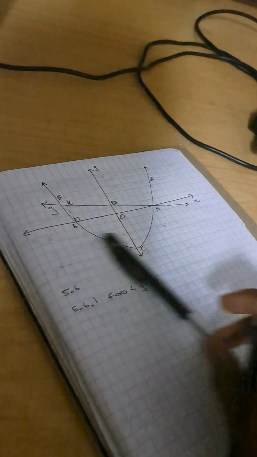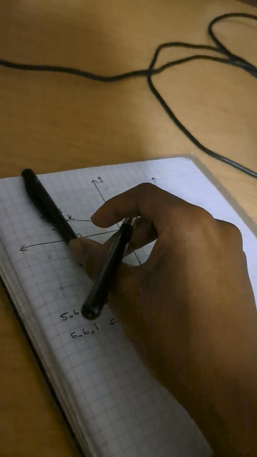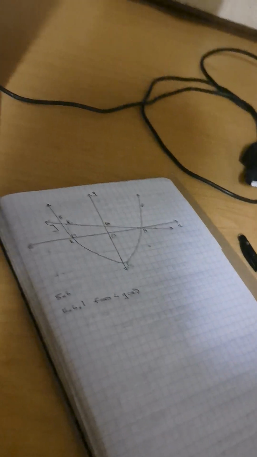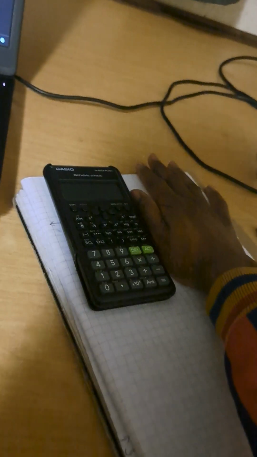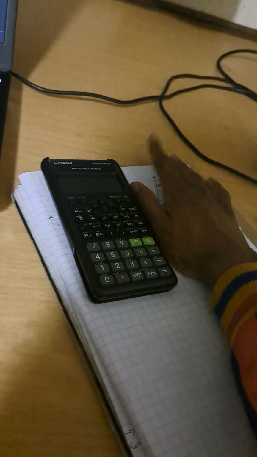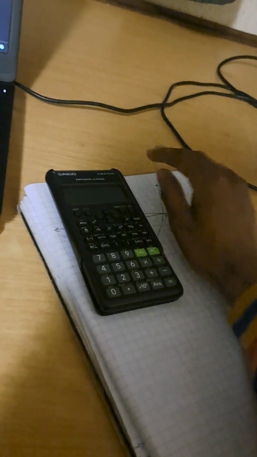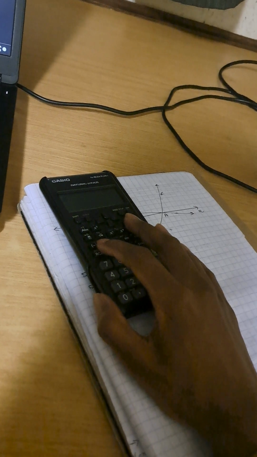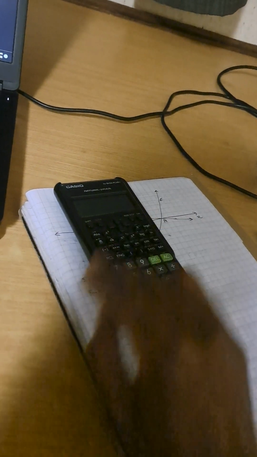I tried by all means to redraw it beautifully. Let me use my calculator this time around. I'm blocking out this side. I'm moving the calculator to the positive side. You see nothing here, right?